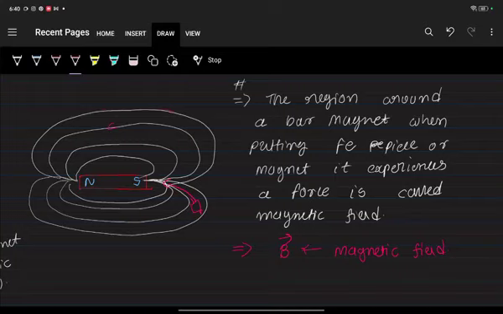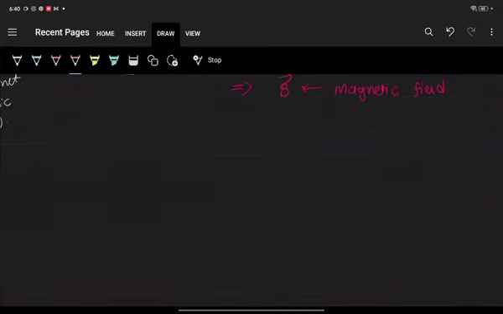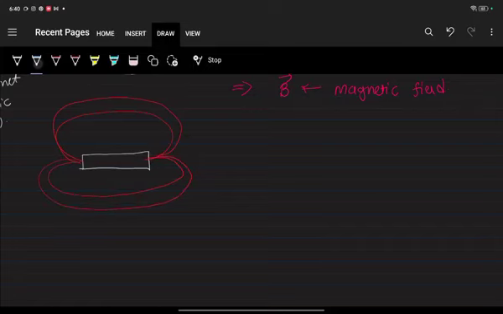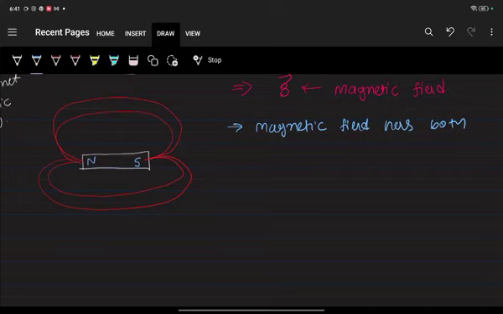Okay, so now let's talk about magnetic field. Magnetic field has both direction and magnitude.